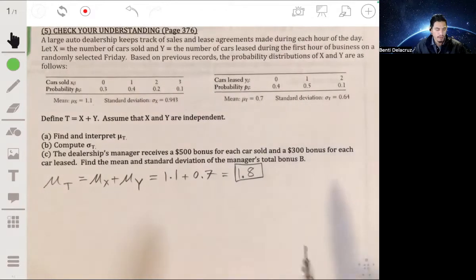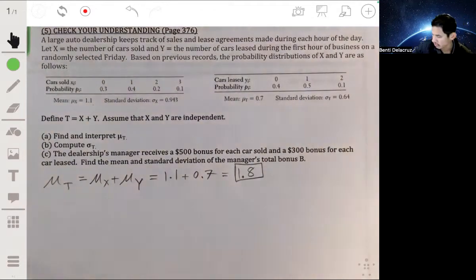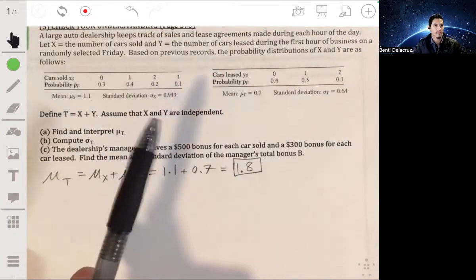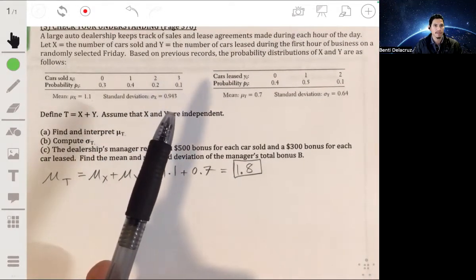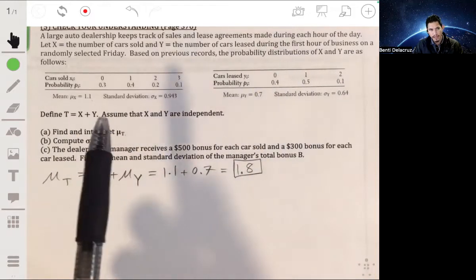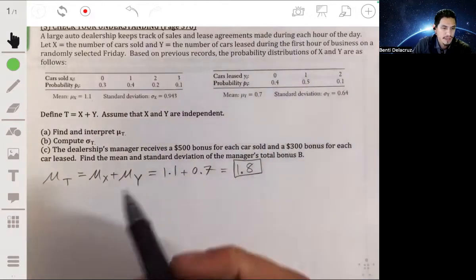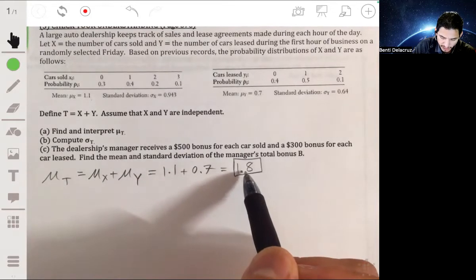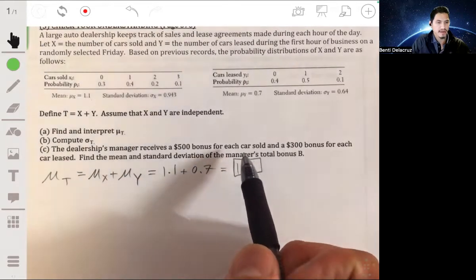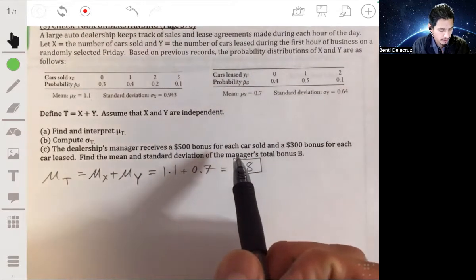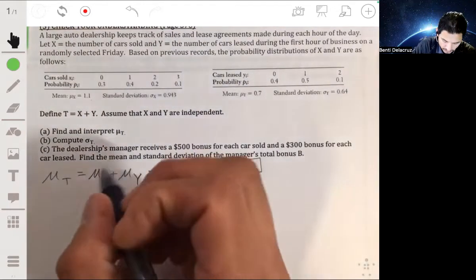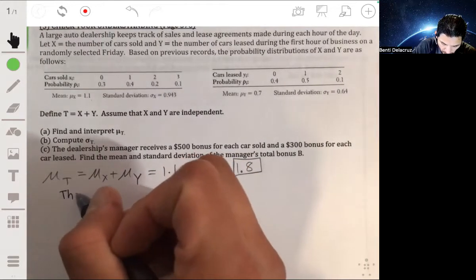Now, what does that 1.8 mean in the context of this problem? Well, if T is the sum of the number of cars they sell and lease during the first hour of business on a randomly selected Friday, then the mean of T is 1.8, and that's saying that they sell or lease about 1.8 cars during the first hour of business on a randomly selected Friday. So let's write that out.